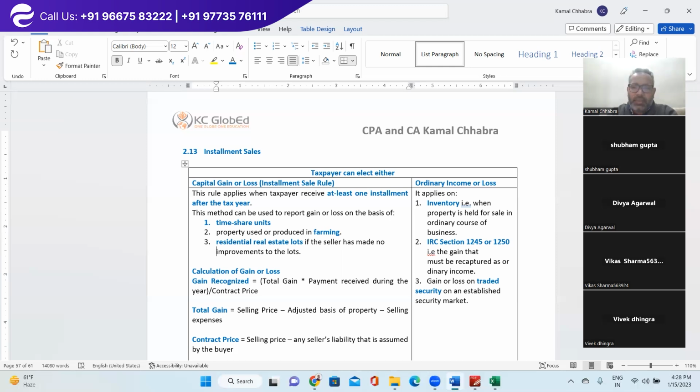So for the capital gain method, only three things are eligible: timeshare units; farming property, or you are producing some farming product on that property; and third, a piece of real estate lot that is unconstructed, where you have not done any improvement on that piece of land.